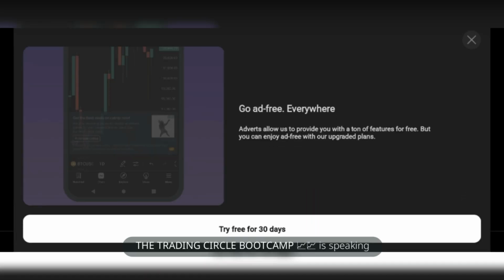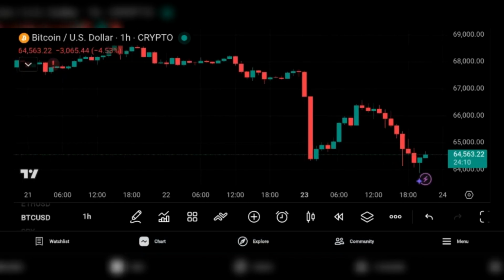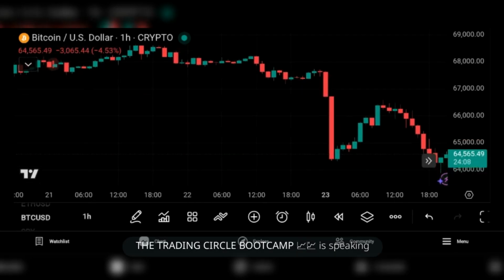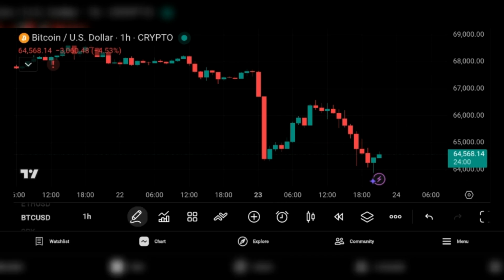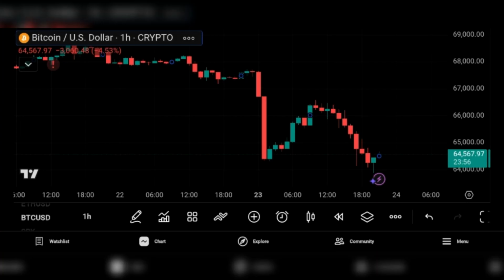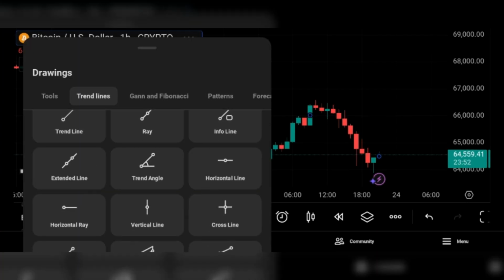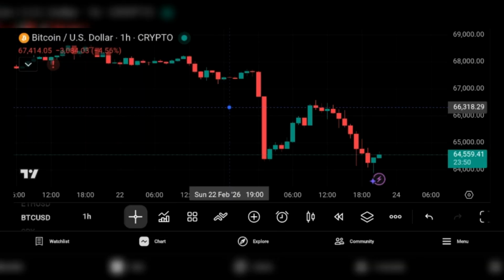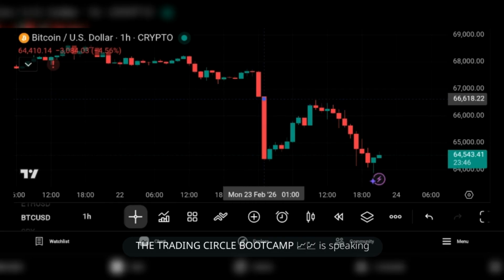If you look at the chart, as I scroll, you are going to see some of these candlesticks, they don't even have wicks. Like this one over here that I'm signaling. You cannot see that, right?